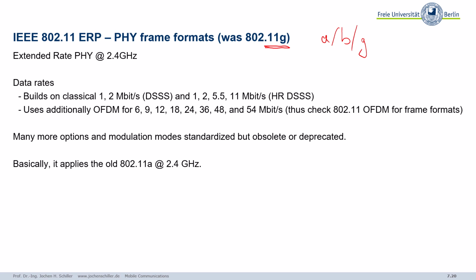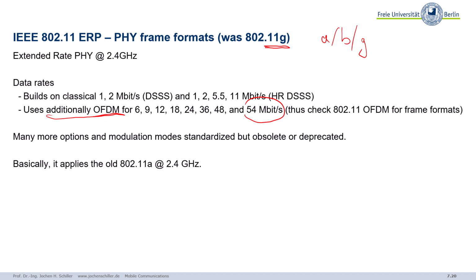Then they additionally applied, if required, OFDM for higher data rates going up to 54 megabit per second. That's similar to the standard at 5 gigahertz. So this was basically 11A applied at 2.4 gigahertz. Then there are many more options and modulation modes, but over time some of them became deprecated or obsolete.